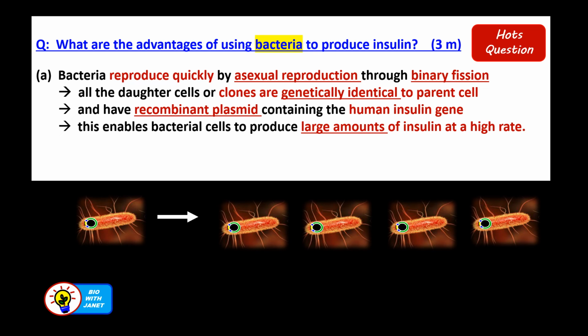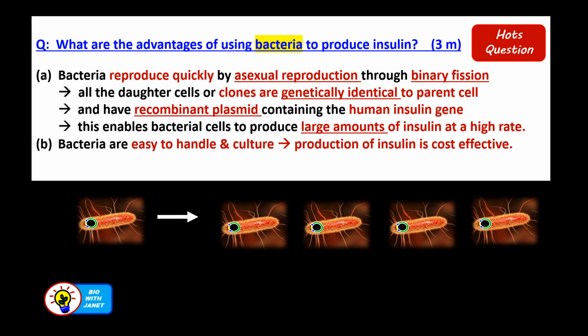So this enables all the bacterial cells to produce large amounts of insulin at a high rate. Now, secondly, bacteria are easy to handle and to culture. And so production of insulin is cost effective, meaning this production can produce good results without costing a lot.